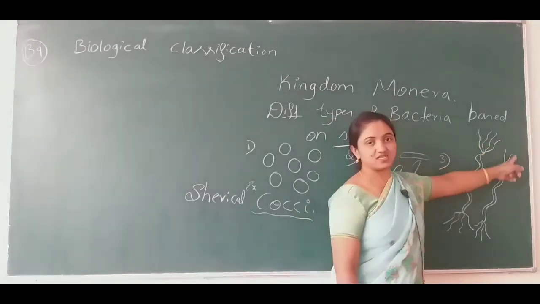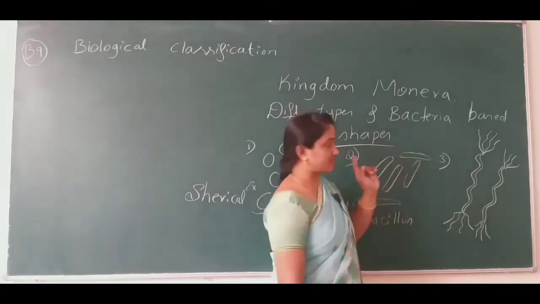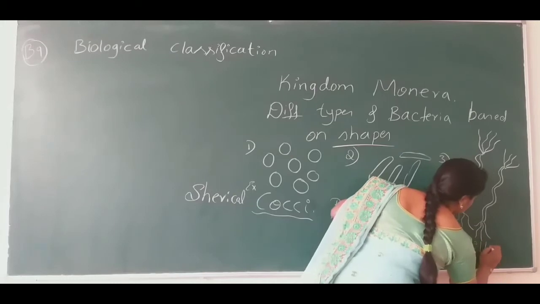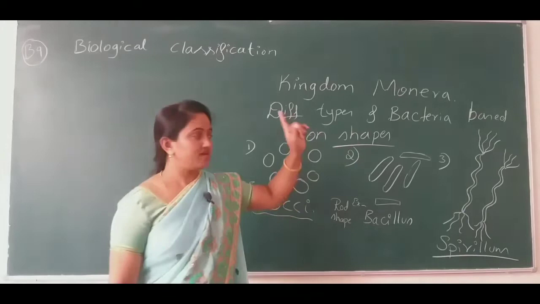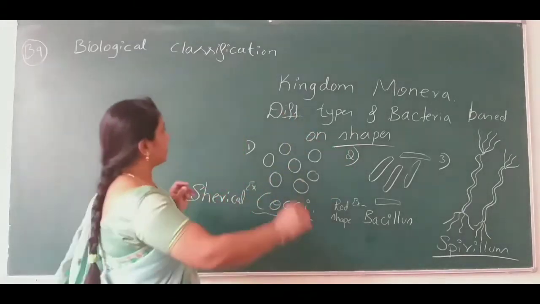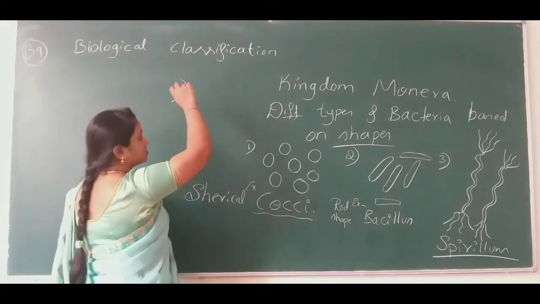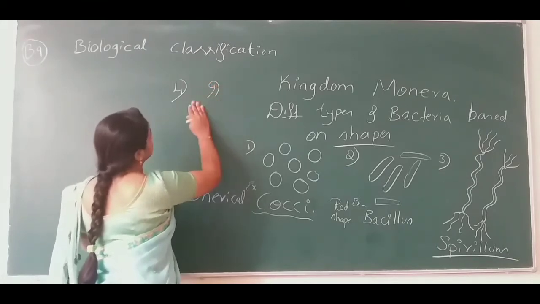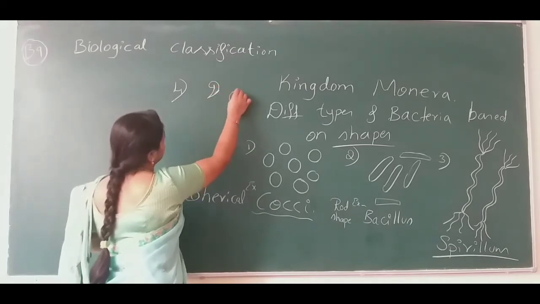These are the flagella. The name of the bacteria is spirillum. So the bacterial name is spirillum, the shape is spiral. And here I will write the fourth one. The fourth type of bacteria is comma shape.